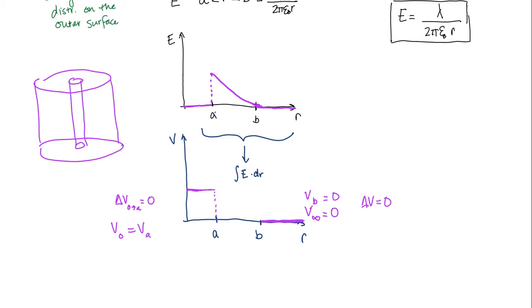And I'm going to integrate from the outer shell, which is B, to the inner shell, which is A. So I'm figuring out the delta V from B to A, and that's going to be my integral from B to A of E dot dr, and it's going to be negative because the electric field line points outwards, but my path over which I'm integrating is going inwards, and so the negative comes into play there.